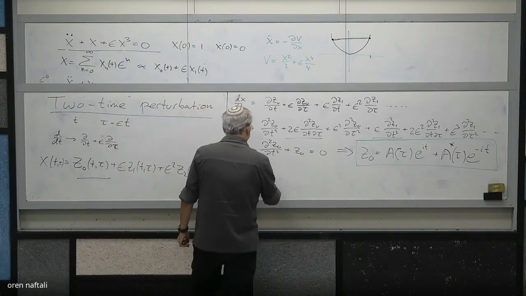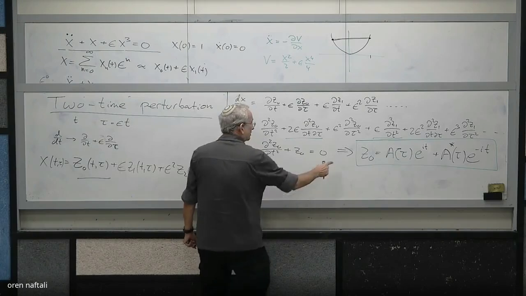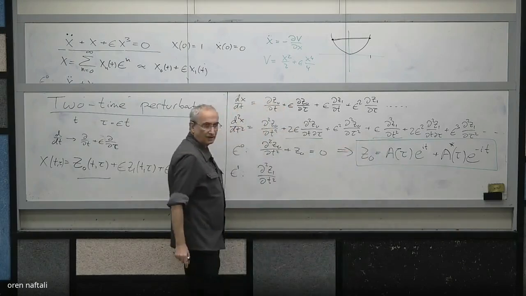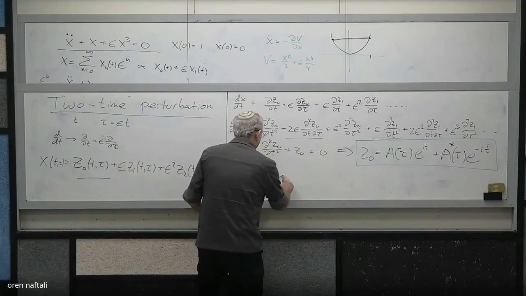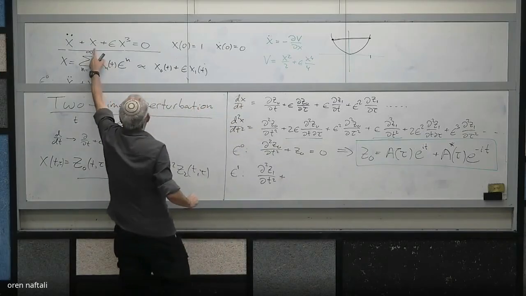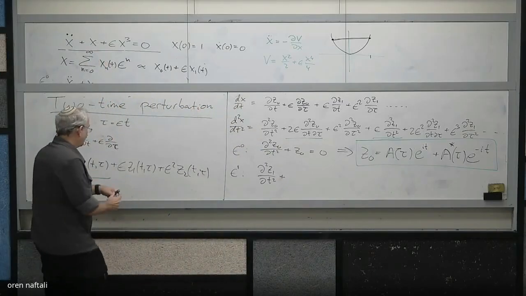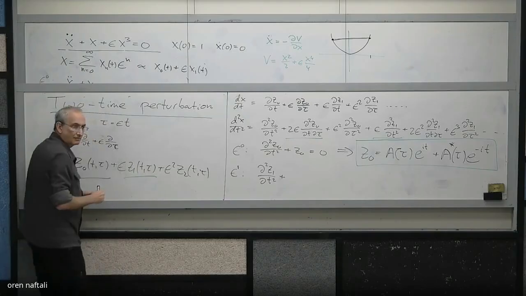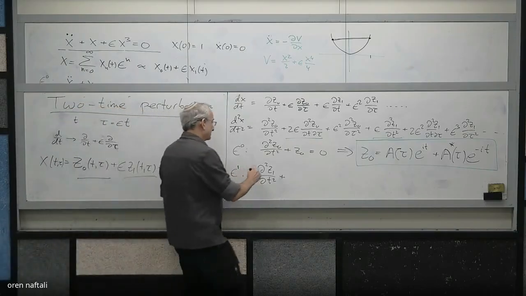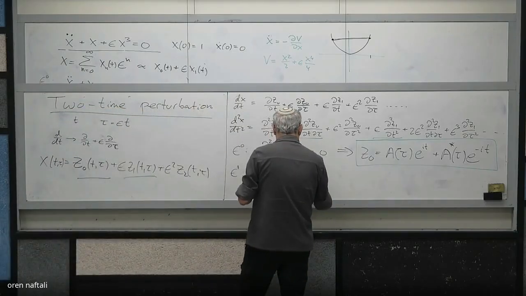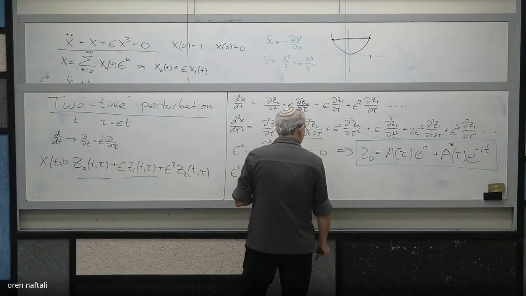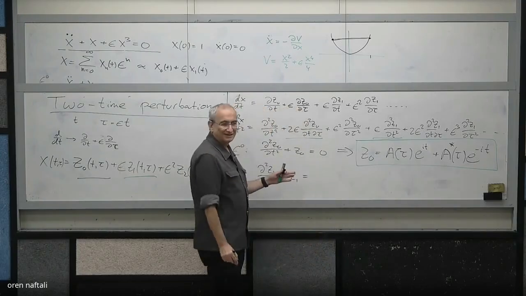I will write it as ∂²z1/∂t², which is that. Plus, I will take the x. I have this. Right? So plus z1 equals everything else, which I will put on the other side.